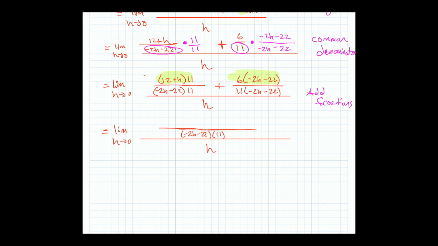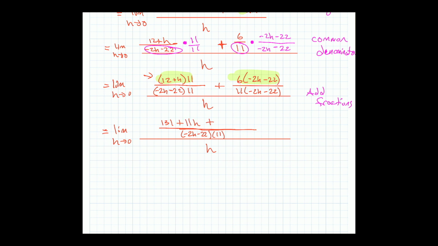So on this one right here, multiply that 11 through. So you get 11 times 12, which is, what is it? 11 times 12 is 131, is that right? I think so. And then 11 times h is 11h.